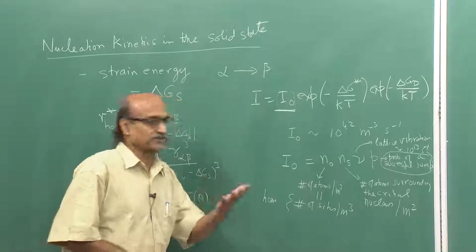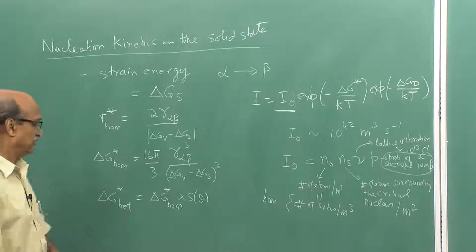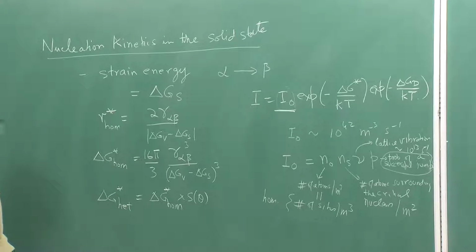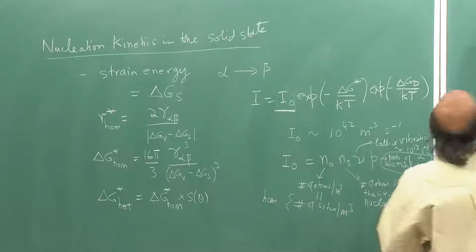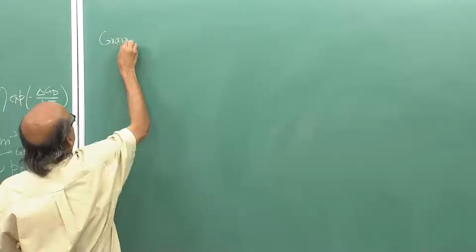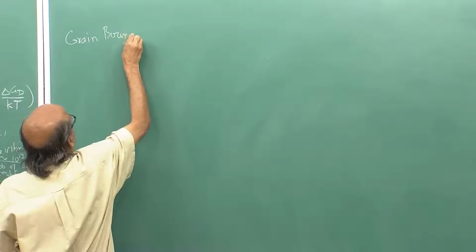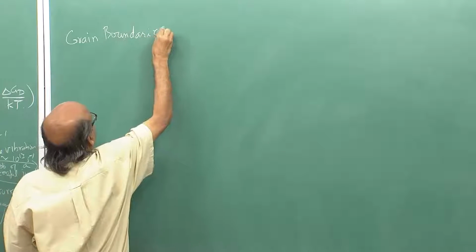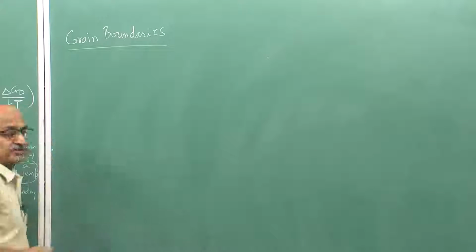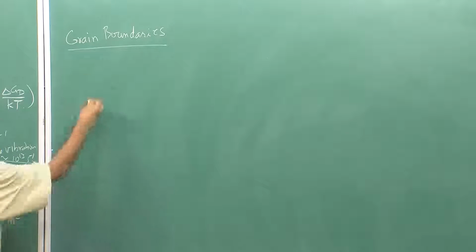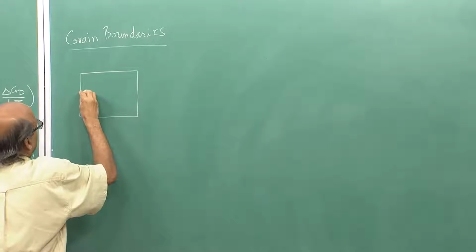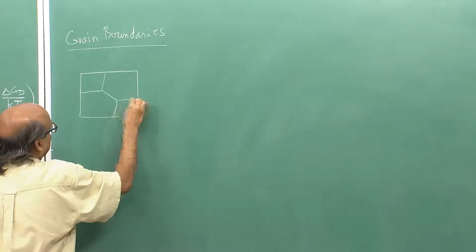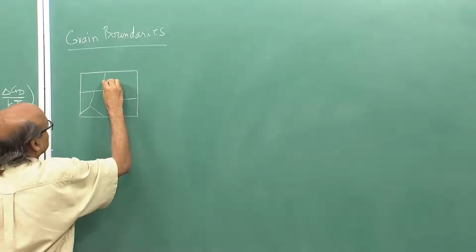Let me consider two sites of heterogeneous nucleation. Let me consider one as grain boundaries as sites for nucleation. Suppose I have a polycrystalline microstructure, and I have these polycrystalline grains in the system.